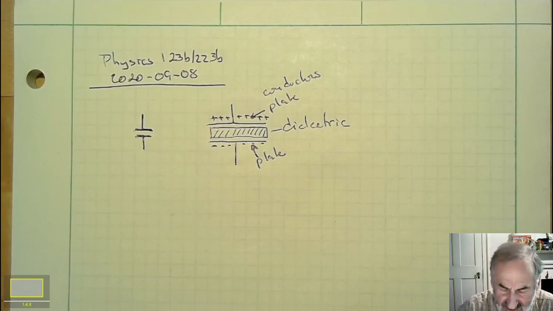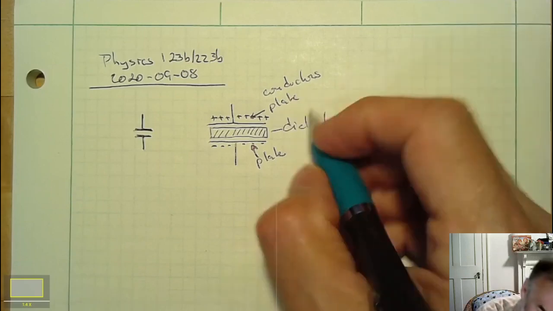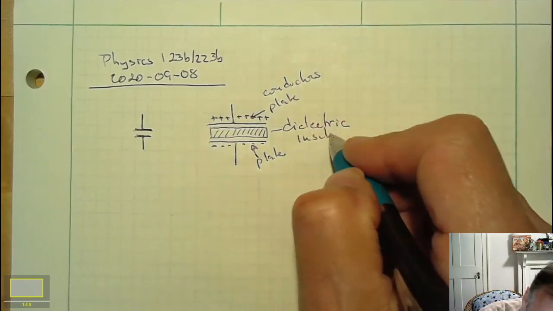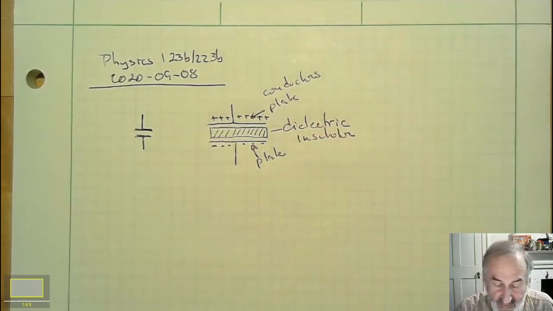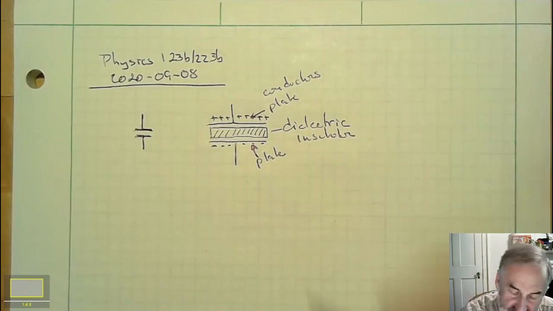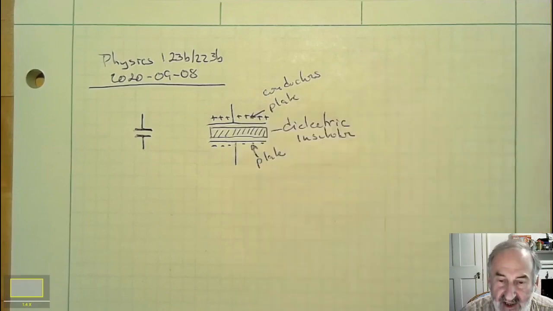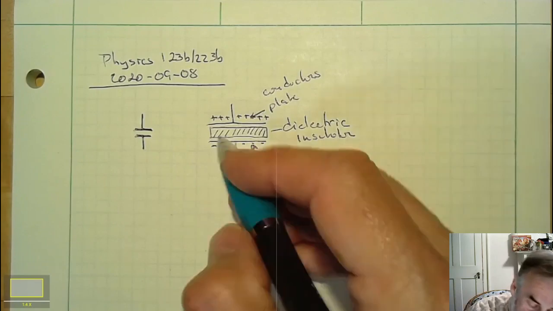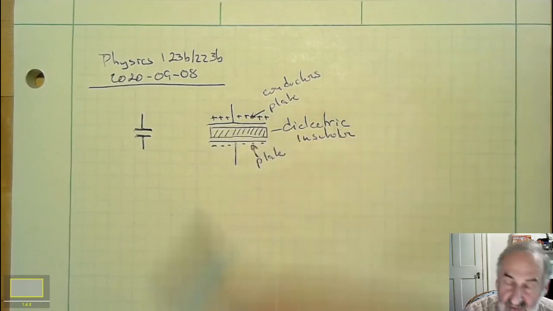And if you think about it, because it's an insulator, if we remove the voltage source that supplied the current to charge these plates, there's nowhere for this charge to go, and it just sits there. And it creates an electrostatic field between the two plates.